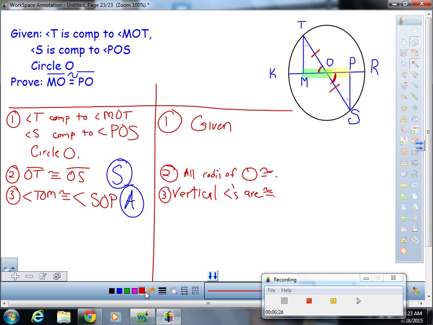So, since angle T is complementary to this, and angle S is complementary to that, but this and that are the same thing, hopefully you guys are getting good at recognizing the fact that if two angles are complementary to the same angle, then those two angles are congruent to each other. So I can say angle T is congruent to angle S, and my reason will be the congruent complements theorem.